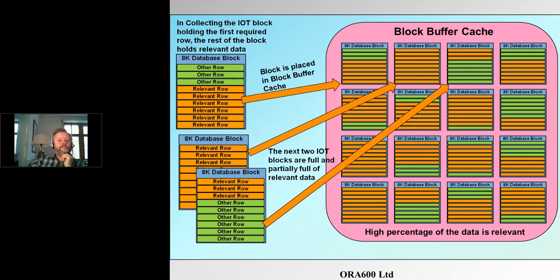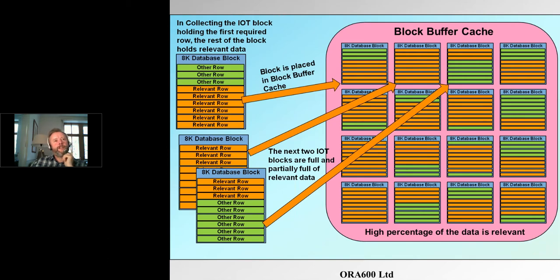If you can move to a situation where, when you go collect a row, it's surrounded by other rows that your queries need, then that means that each 8K block is holding a lot of information that your database is working on. Now it's a more extended, more advanced topic to really go into how you do this.